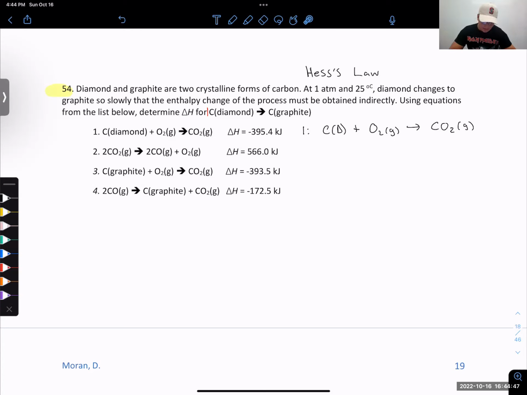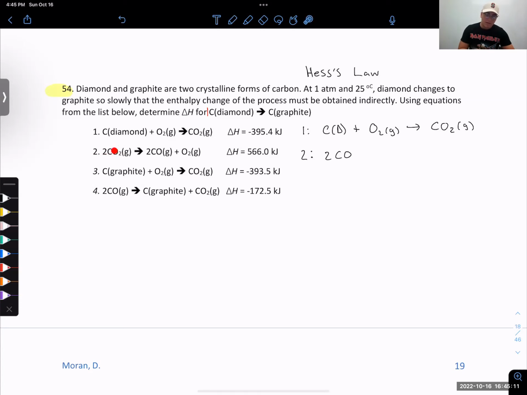So let's see. What I'm going to do is go ahead and try something. So I'm going to flip this reaction around, okay? Let's see if that gets us close to where we want to go. So it would be 2 carbon monoxides, because all I'm doing is changing it.